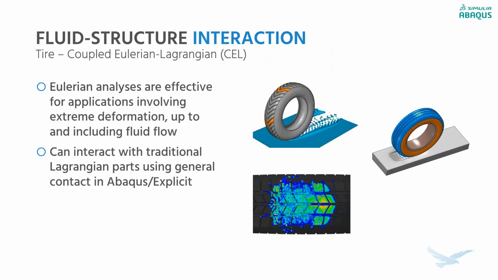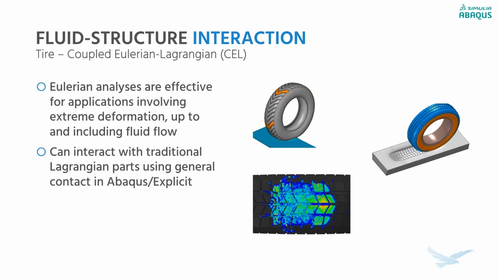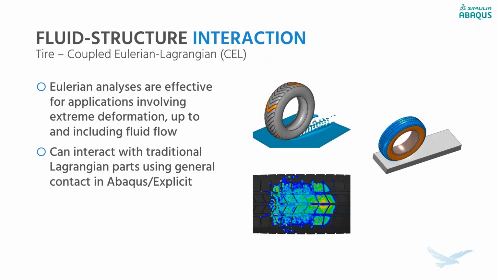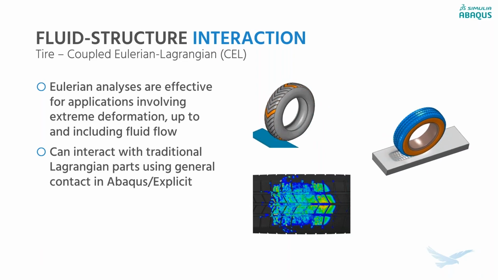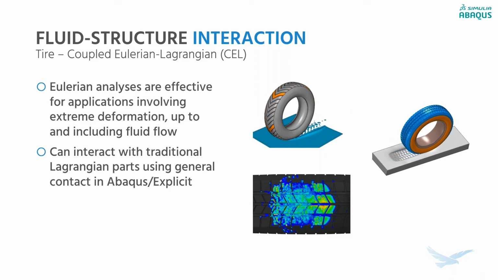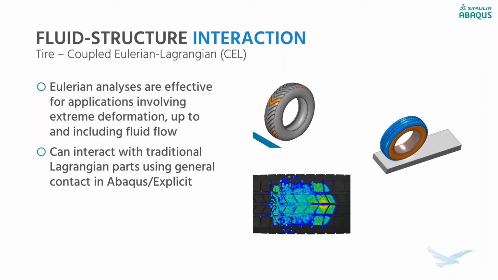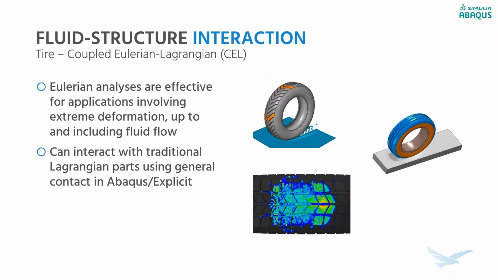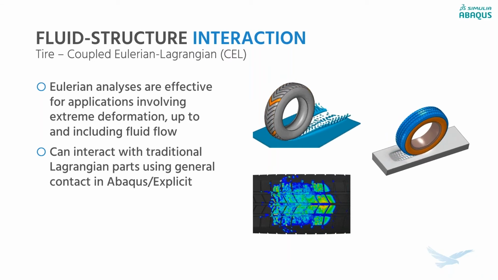We looked at an uncoupled problem. Here's a coupled fluid structure interaction. We've got a tire and it's rolling through some material. We're using a technique here called coupled Eulerian Lagrangian, which is a bit of a mouthful. The Eulerian term refers to the type of mesh that's used for the fluid.